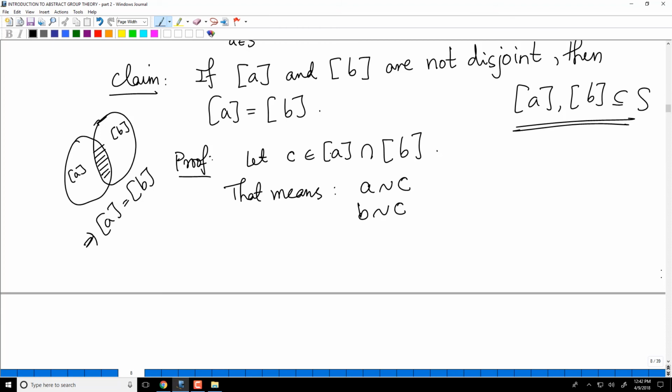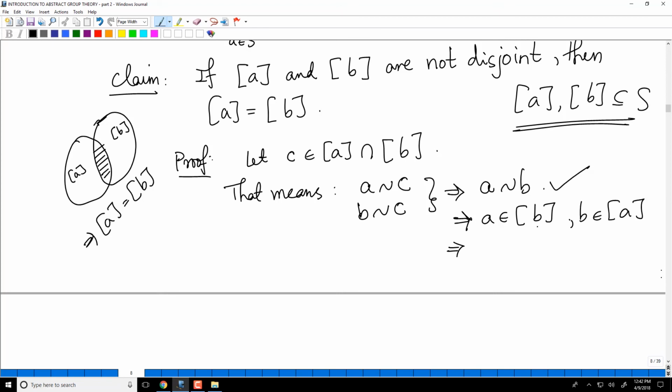Because C is in the class of A, so A is related to C. C is in the class of B, so B is related to C. This implies that A is related to B, because A is related to C, C is related to B. So by the third property of an equivalence relation, A is related to B. That means A is in the class of B, right? And B is in the class of A.